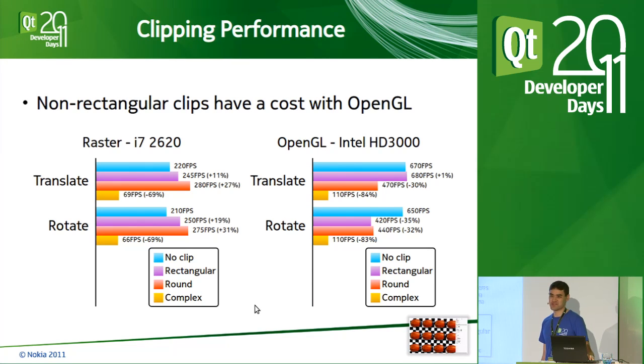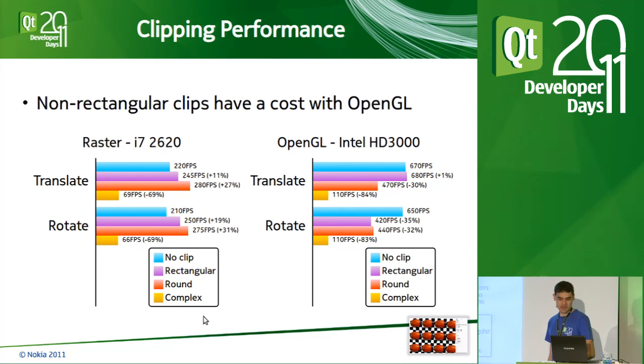It's not because you get a performance boost in general by using clipping, but it's because you're rendering fewer pixels in this case. So remember that clipping is not for free, but in this case it looks like it is for free. But just to make sure that the message comes through, I have added a complex clip here, and you see that the performance is much, much worse with a yellow bar there.